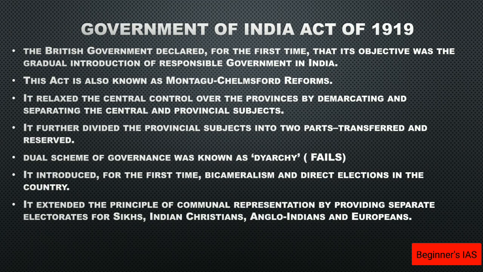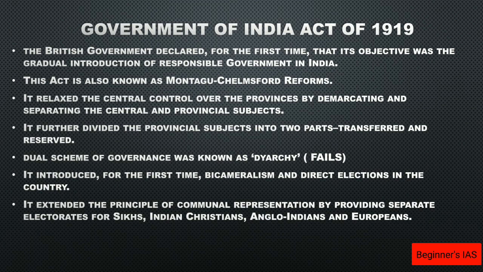Here, direct election was introduced for the first time, and it also required that three of the six members of the Viceroy's Executive Council, other than the commander in chief, were to be Indian. So note that three of six members of the Viceroy's Executive Council were to be Indian. And also, it extended the principle of communal representation by providing separate electorates to Sikhs, Indian Christians, Anglo-Indians, and Europeans.